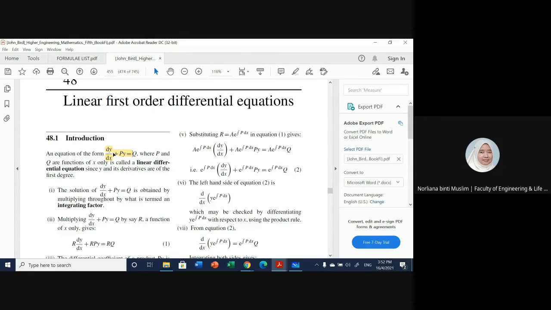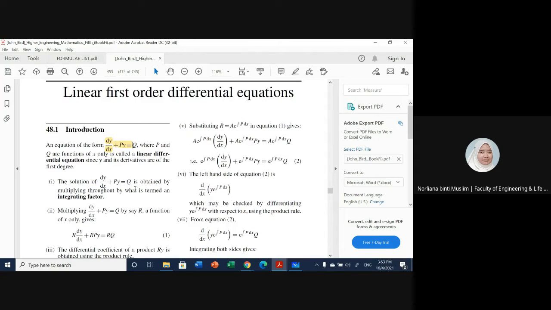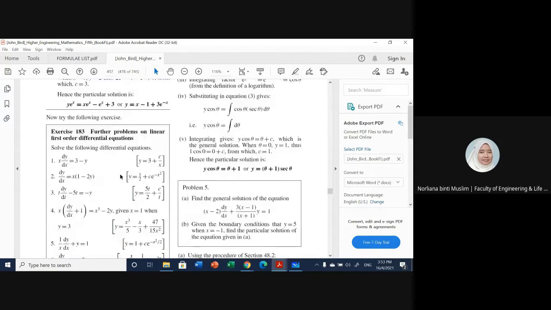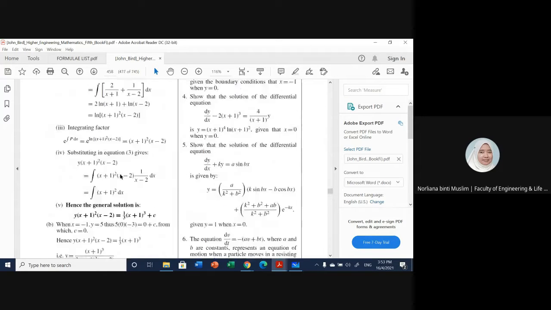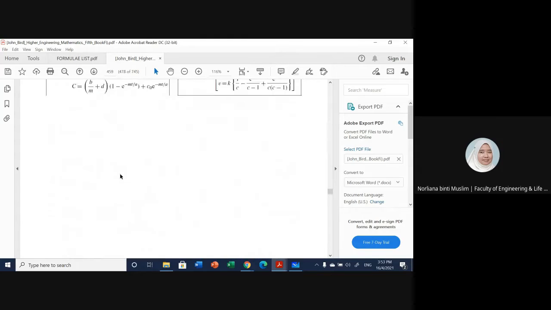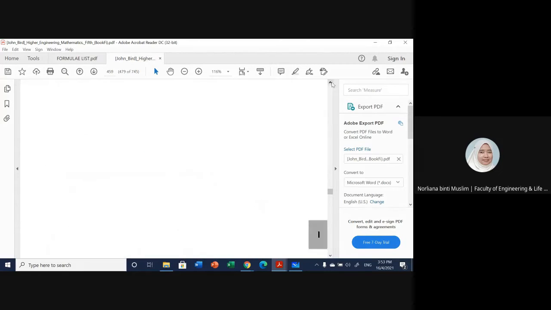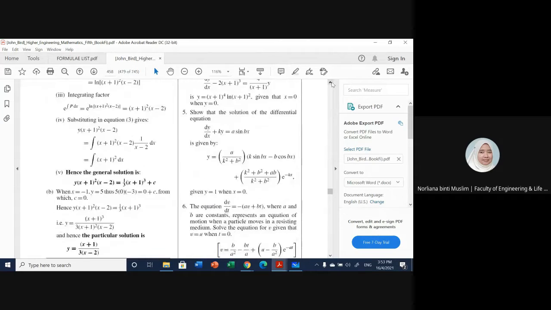Linear first order ODE. Linear means that the degree of each variable is 1. That's why it's called linear. So the method here is the integrating factor. So that sums up the methods for the first order ODE.